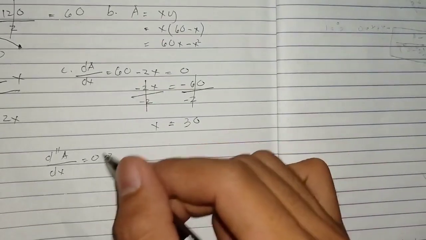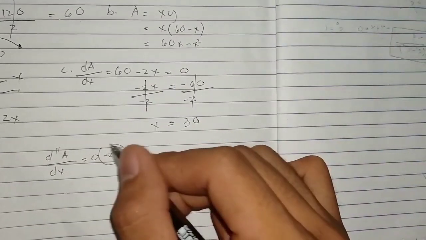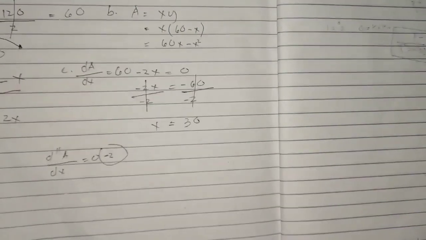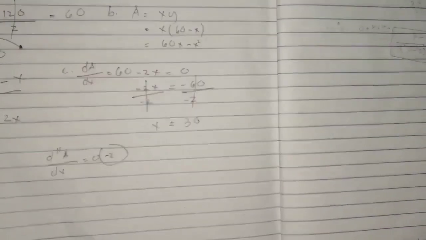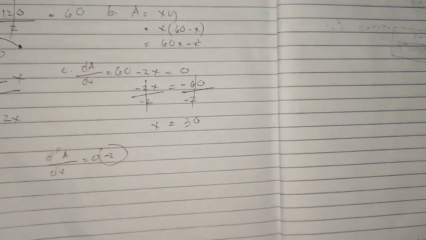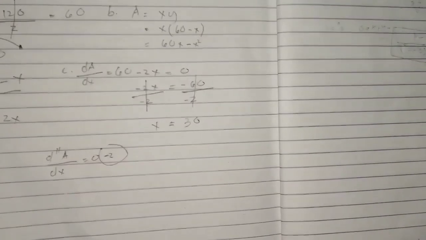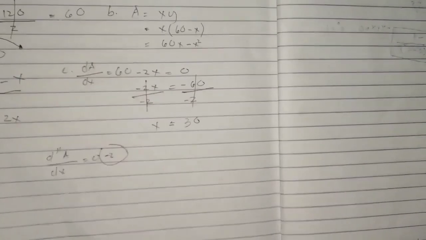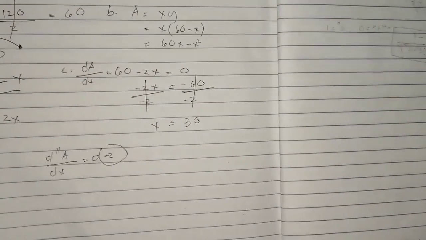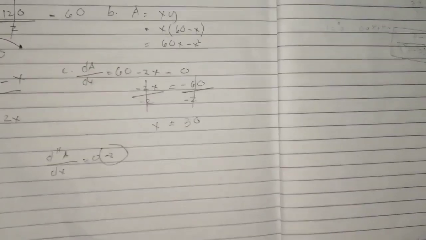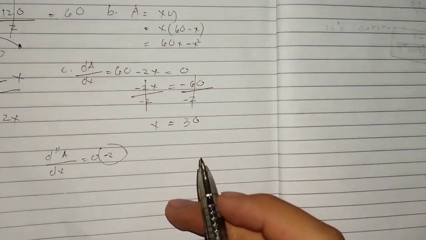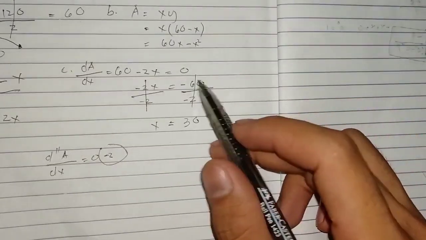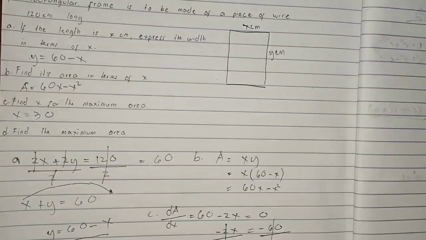Our second derivative is negative 2. So obviously, negative 2 is less than 0. So what that's saying is, my second derivative is negative, meaning that x equal to 30, that stationary point, will give me the maximum value. So x is equal to 30 is the value where this area is going to be maximum.